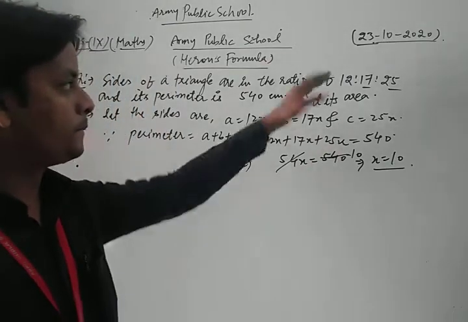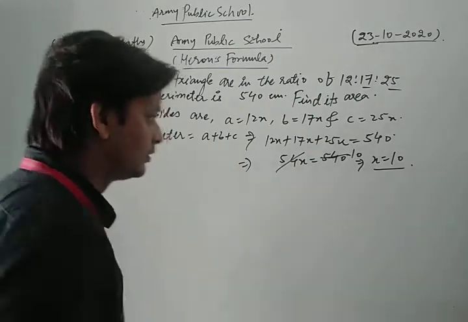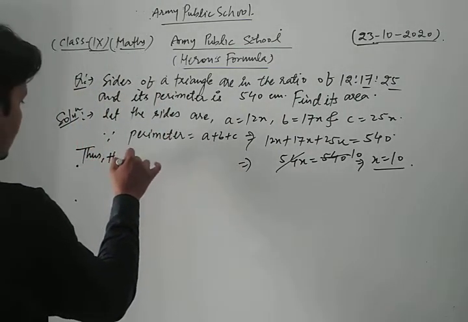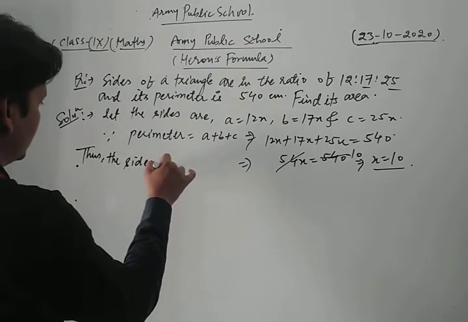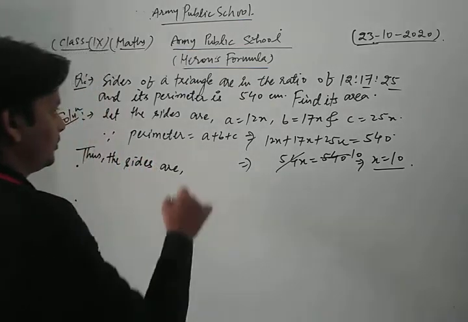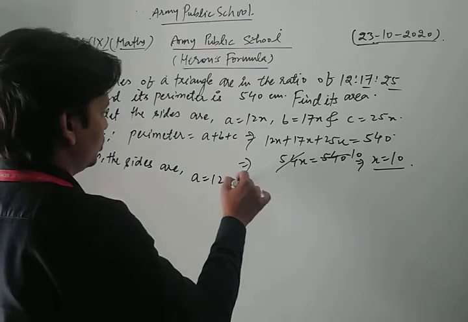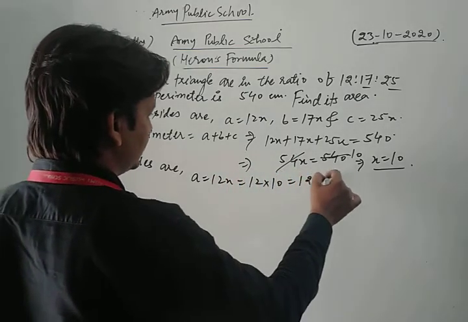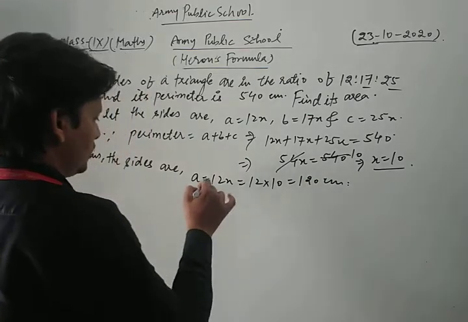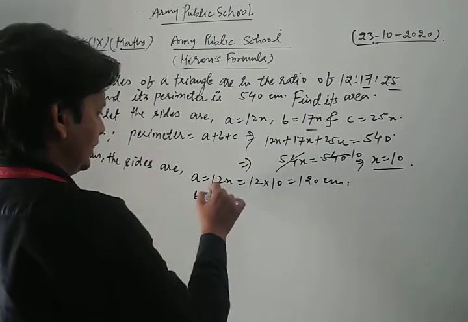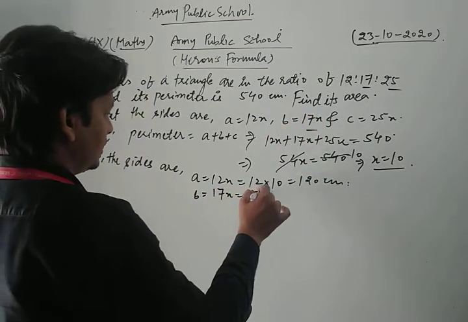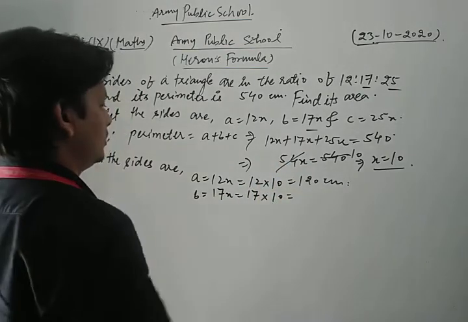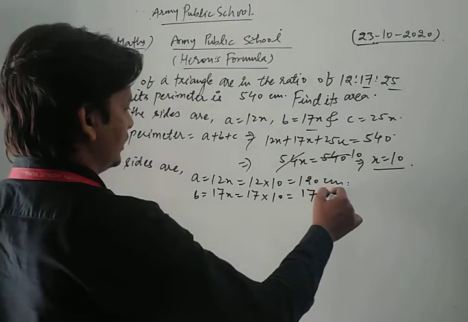Now the sides are: a is equal to 12x, that is 12 into 10, which is 120 centimeter. b is equal to 17x, that is 17 into 10, which is 170 centimeter.